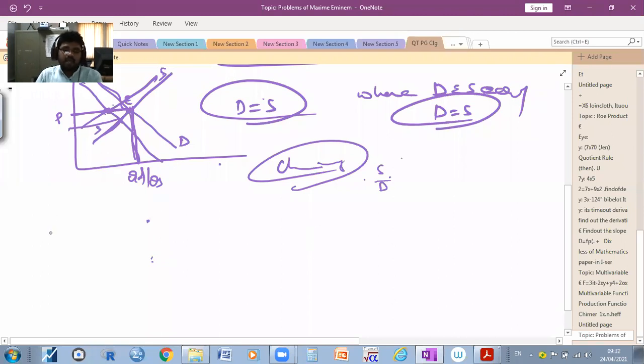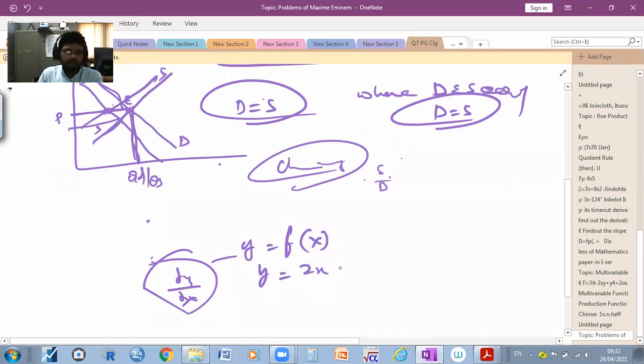For example, at a maximum, take dou y by dou x, where y is a function of x, or y is equal to something like 2x square. At the maxima, the sign of dou y by dou x changes from plus to minus.